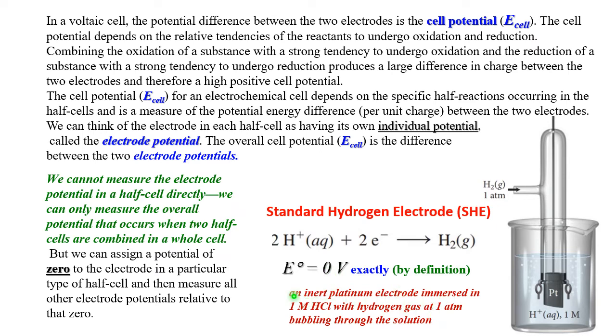How do we do it technically? Inert platinum electrode is immersed in 1 molar hydrogen chloride solution, and hydrogen gas at exactly 1 atmosphere pressure is bubbled through this solution. So standard pressure 1 atmosphere, standard concentration is 1 mole, and surface is platinum.